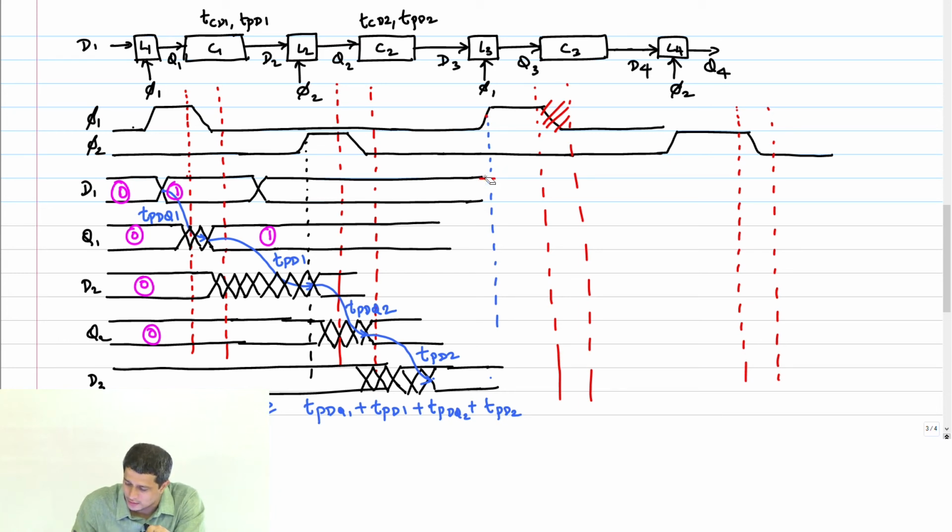So D1 has changed, and then phi1 is going high in the next cycle. There is now going to be a clock to Q contamination delay, which is going to cause Q to change immediately.